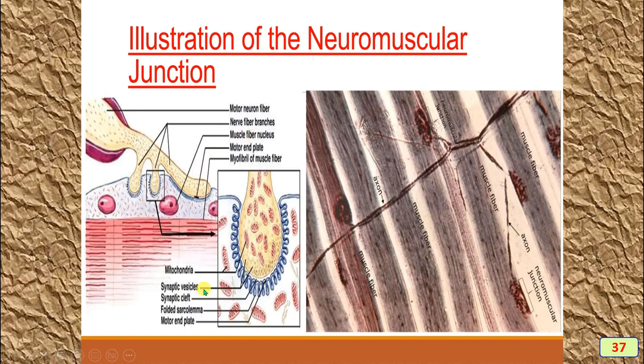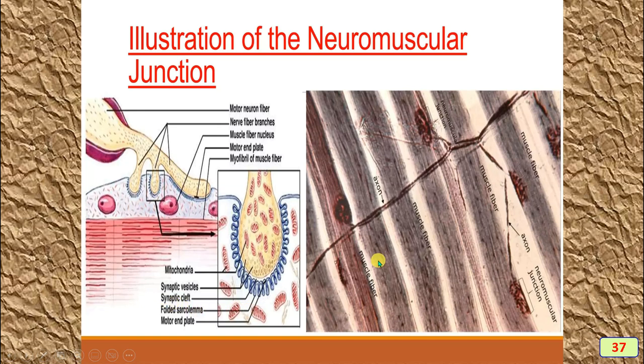Apart from this, there are a lot of vesicles which contain acetylcholine, and this is called the motor end plate and folded sarcolemma.